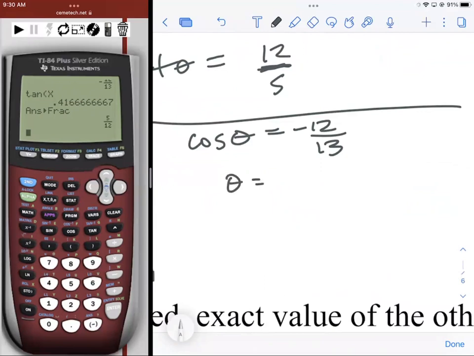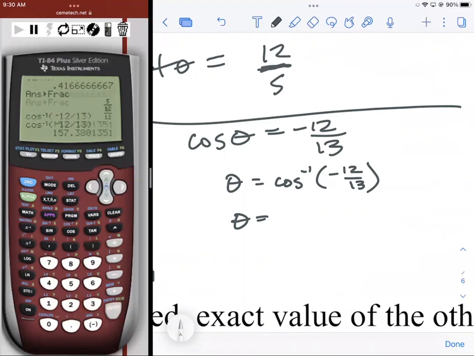So theta is the inverse cosine of negative 12/13. And now if I type that in, second cosine of negative 12 divided by 13, it gives me, oh, I can't call that theta. I got to call it C. The calculator's answer is 157.380... Darn it. Is that the answer I wanted?